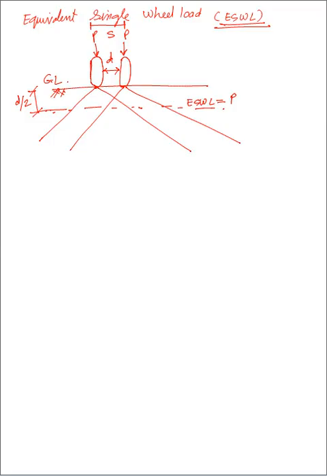At the same time, if we are going down at a distance of 2S, what is S? S is the center to center distance between two wheels. So at a distance of 2S below the ground level, there will be overlap. So this ESWL will obviously be more, 2P.